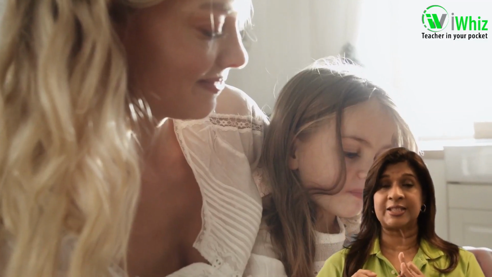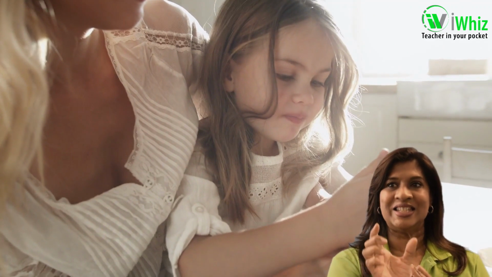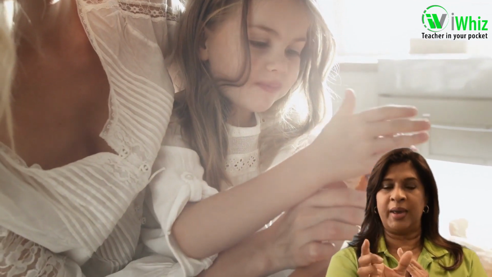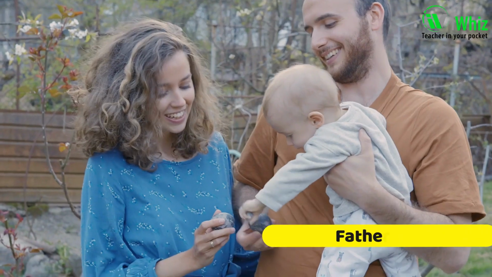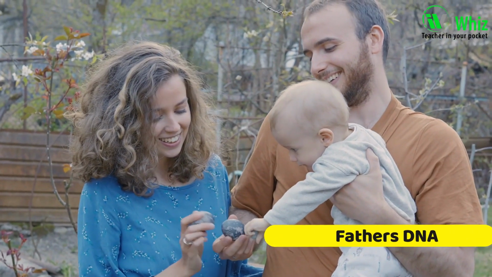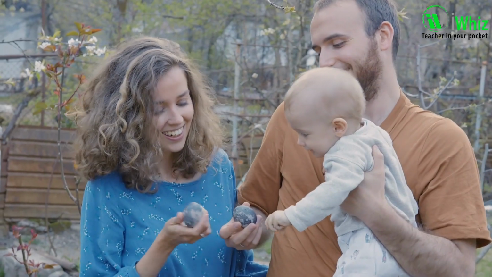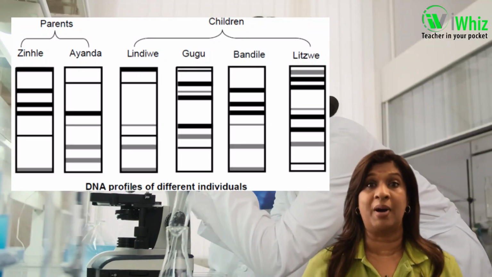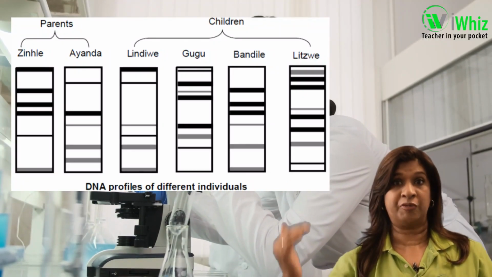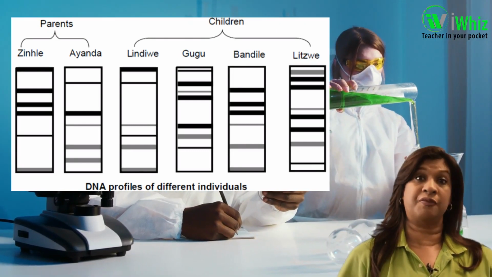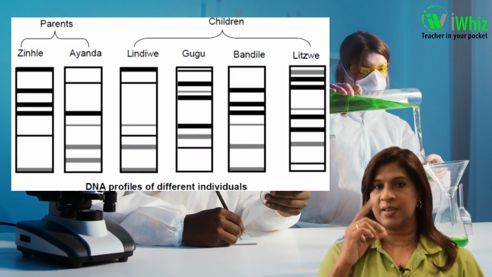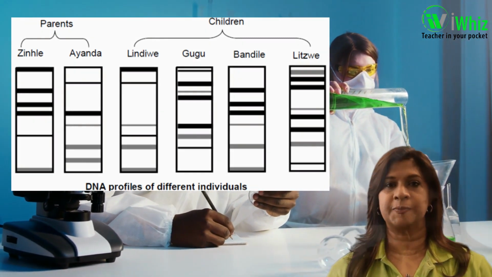Remember, in this case, a child's DNA profile would be made up of the mother's DNA plus the father's. So you would find when you look at a child's DNA profile, half of the black bars in that profile would be from the mother, and half the black bars would match the father's DNA profile. So that's something to bear in mind.